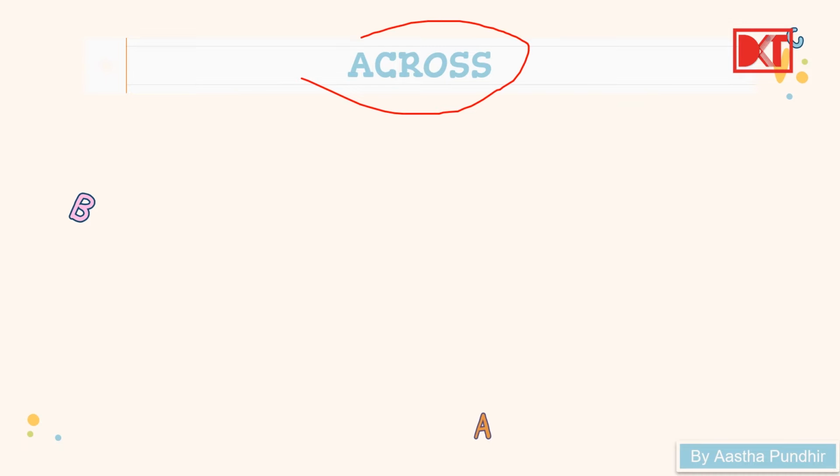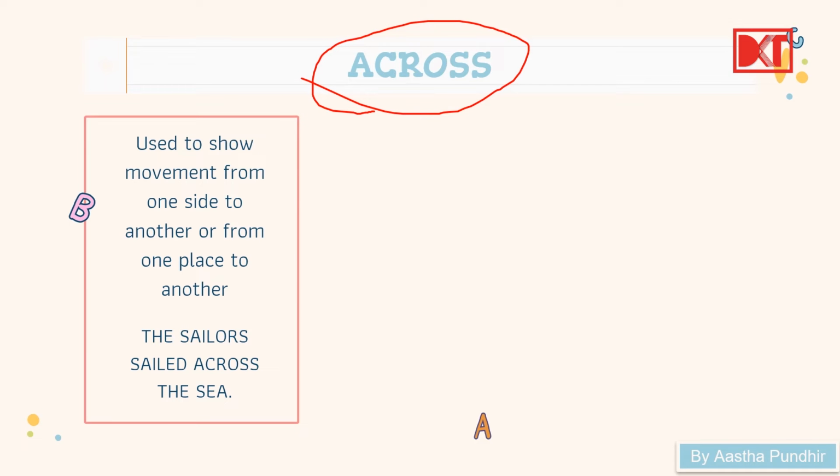Now let's move on to the next preposition, across. When is across used? Used to show movement from one side to another or from one place to another. For example, the sailor sailed across the sea.